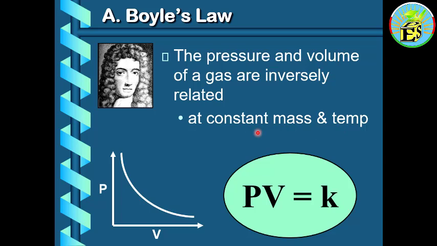It means the container is closed, and the same particles inside the container don't change. And constant temperature means the temperature of the container didn't change between the first state and the second state, and we will see how we can do this.